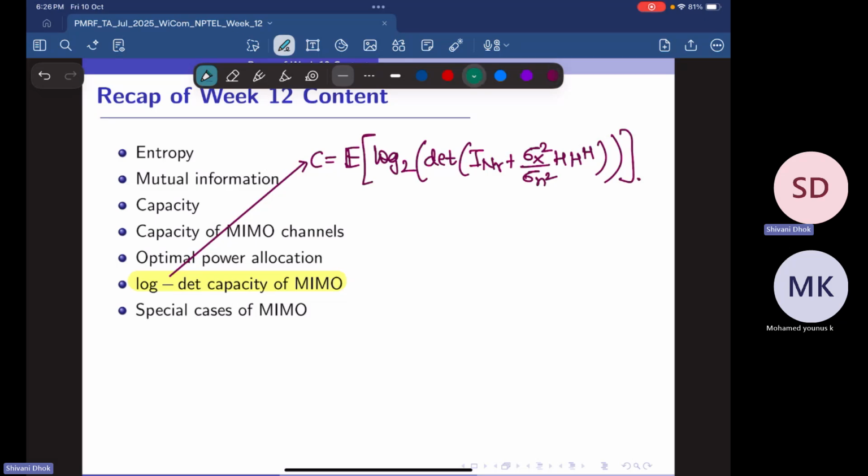And after that, we looked at the special cases of MIMO. That is when I have NT equal to 1, I'll get receive diversity, and this is our SIMO case.